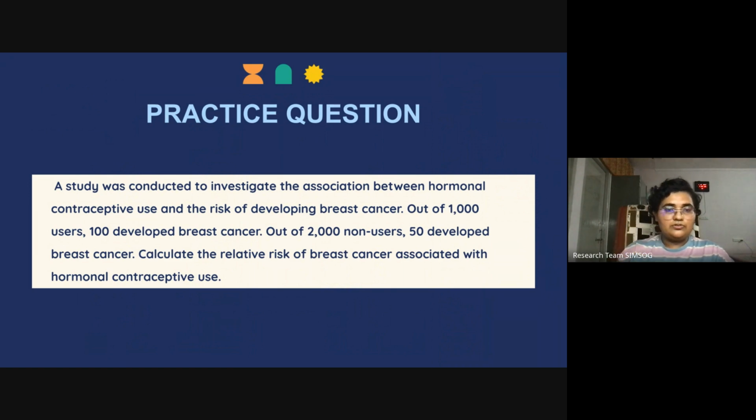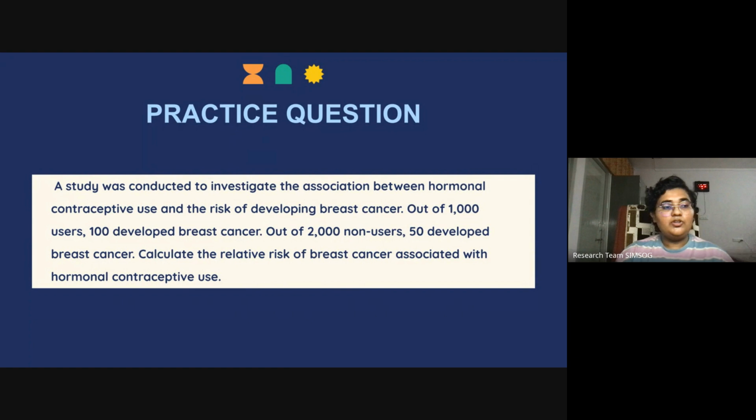Let us try to just go step by step through what we did, and maybe we can figure out where the mistake was, right? So here we know that out of 1,000 users, 100 had breast cancer. Out of 2,000 non-users, 50 had breast cancer, right? So the formula for relative risk is incidence among exposed upon incidence among non-exposed.